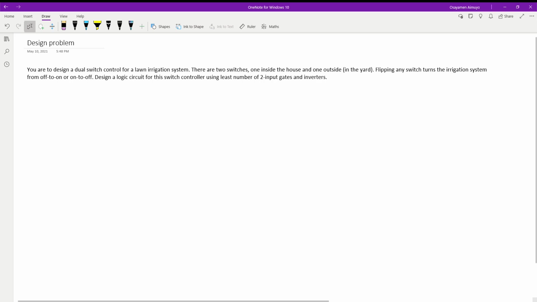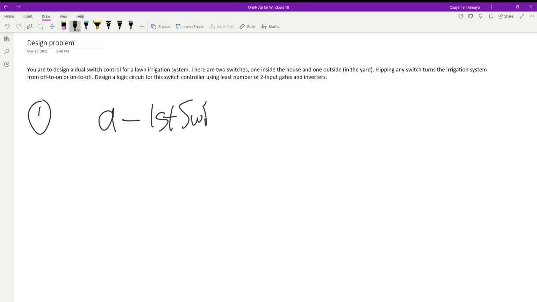With that being said, let us follow the steps that were outlined initially and see if we can obtain a solution to this problem. First of all, let us draw the truth table. Let's say A is for the first switch, and B is for the second switch.